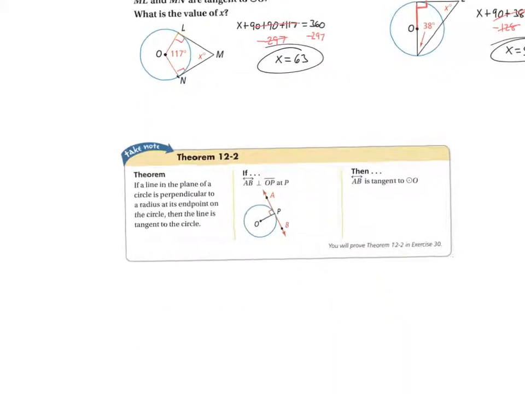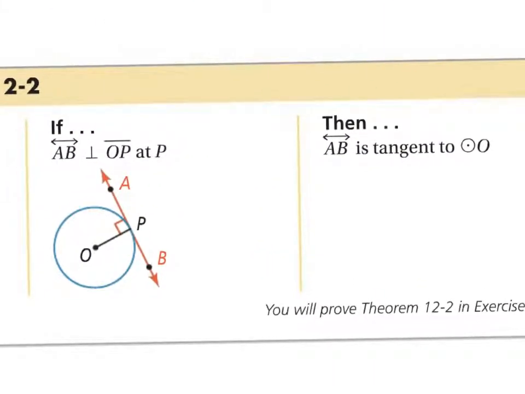Let's then look at our next theorem, which is really just a converse of the one that we just said. So if we know that a line is tangent to a circle, that means it's perpendicular to the radius at that point of tangency. This converse says that if you know that a line is perpendicular to a radius at its endpoint.